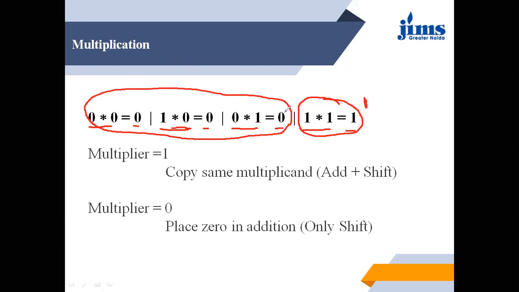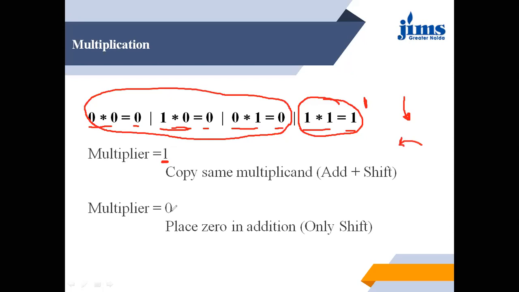When we have to perform the multiplication, as I told you, this is the successive repetition of addition and shifting. So when we have to multiply with 1, it means we have to copy the content same as it is, and then after adding, we have to shift.